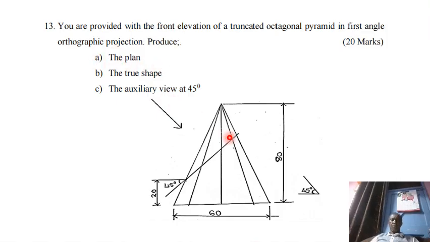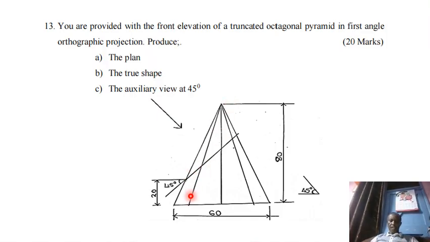That will be simple. We will first draw this exactly as it is, and make sure you are using construction lines. That is, start with a baseline of 60 millimeters, and then get the center and put a height of 80 millimeters, and then draw this last line touching there, and this other one touching here.